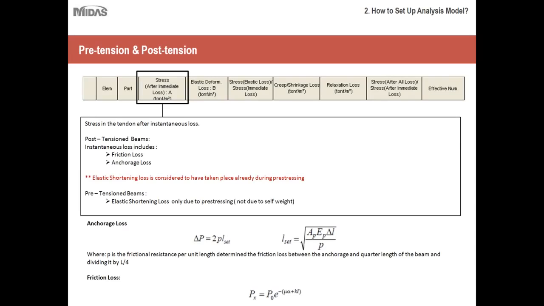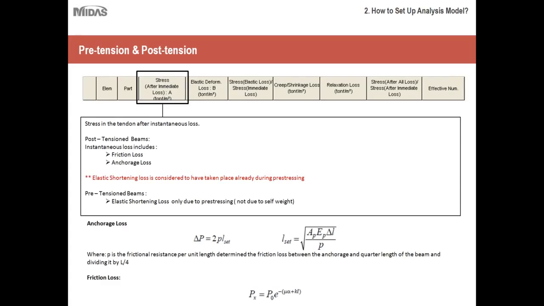So it is sometimes really hard for any software program or for engineers to consider these losses separately. What they do is either they lose track that it was a pre-tension tendon strand, and they compute the post-tension tendon losses.